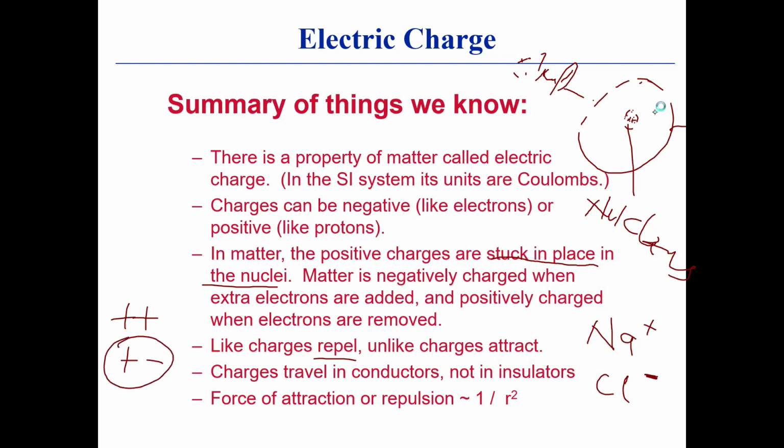And charges travel in conductors, not insulators. Usually these charges travel in the conductor, that is the material that allows electrical charges to flow. Because charges only travel in a conductor, it is only conductors that produce electricity. For example, most electric wires are conductors. They allow electrons to flow through them with low resistance.